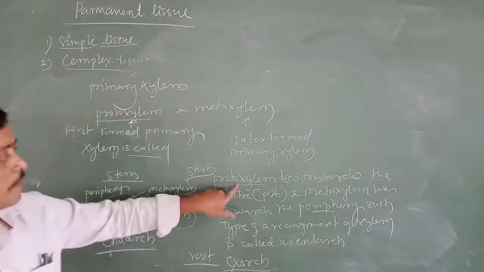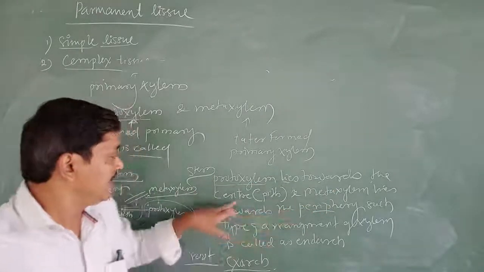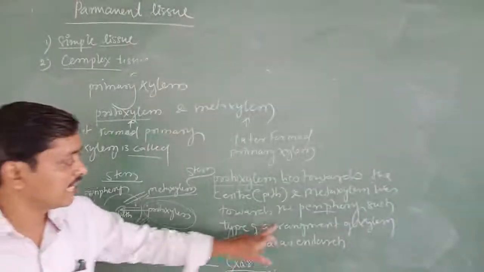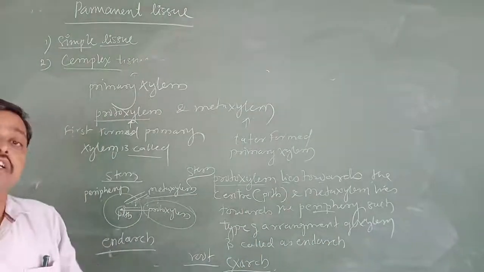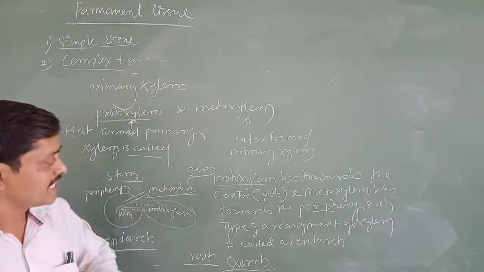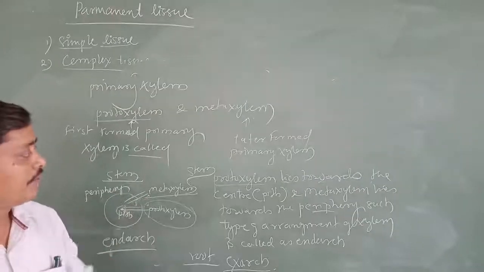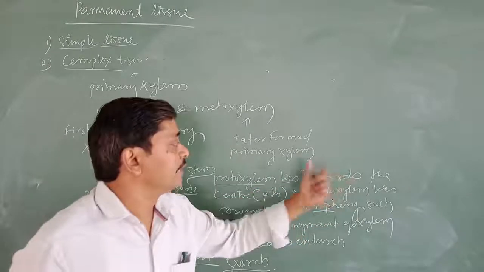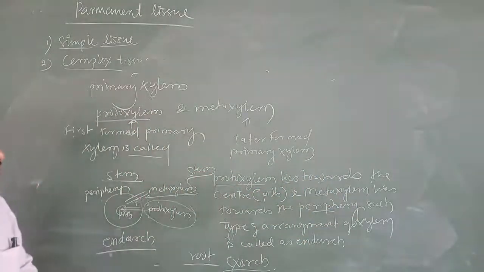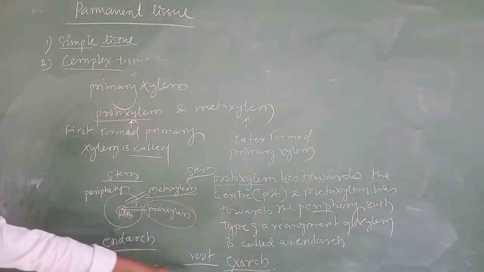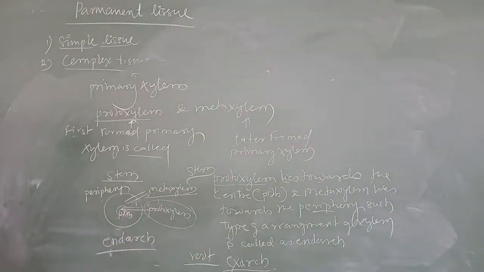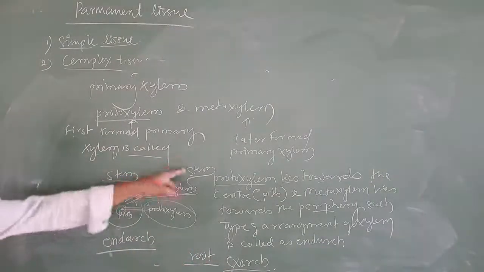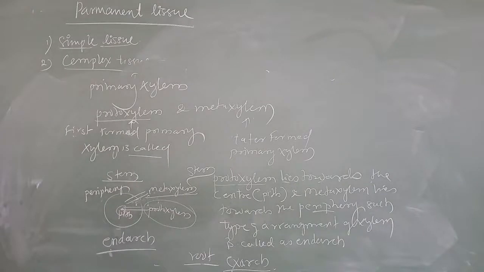Endarch: protoxylem lies towards the center and metaxylem towards the periphery. Reverse this: protoxylem lies towards the periphery, metaxylem lies towards the center. Write this at home. Exarch is found in a root, endarch is found in a stem.